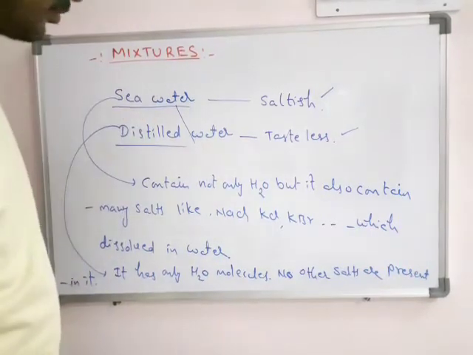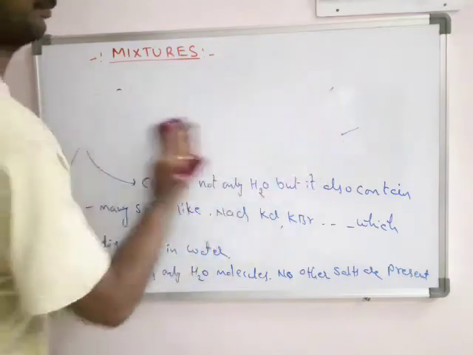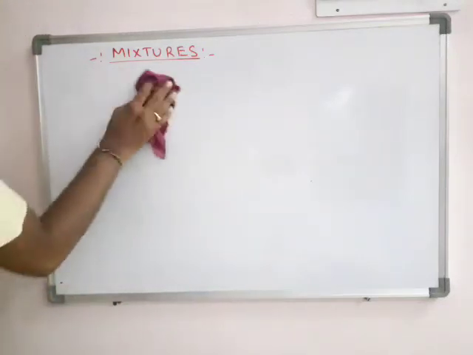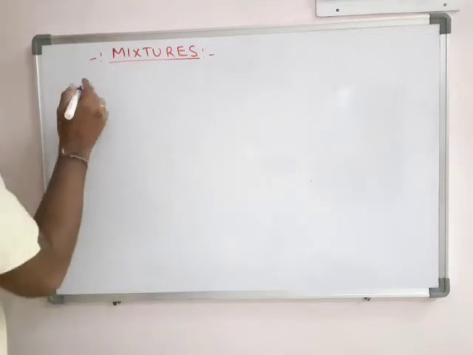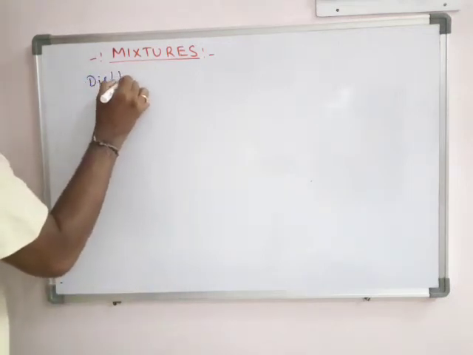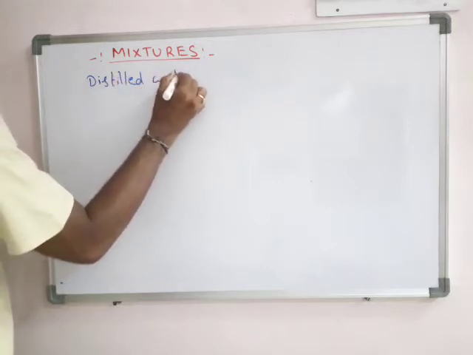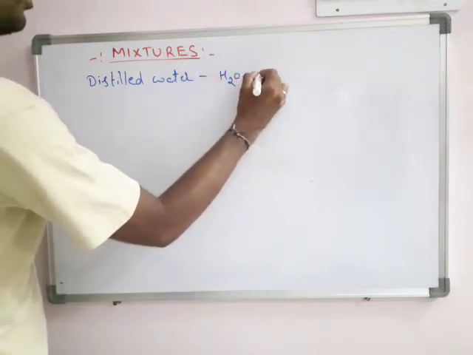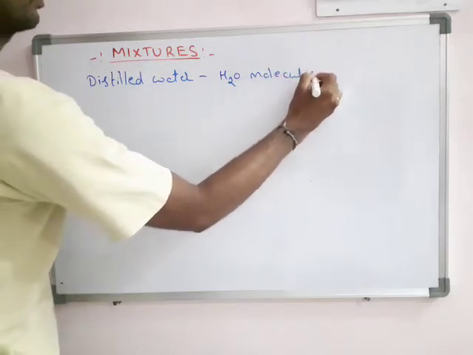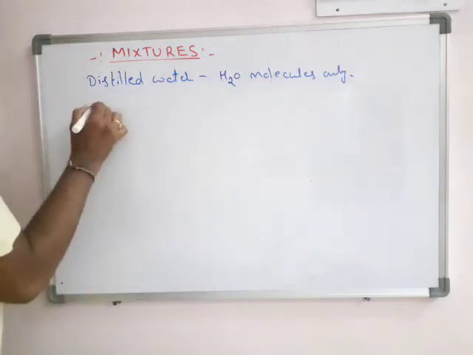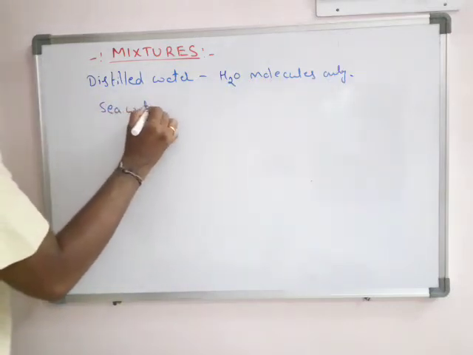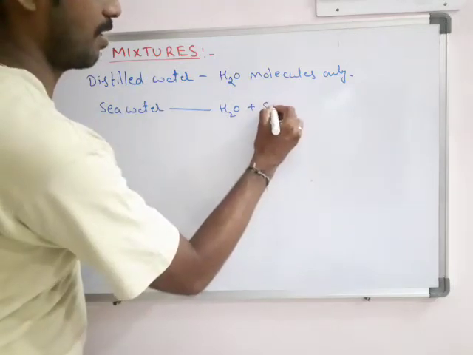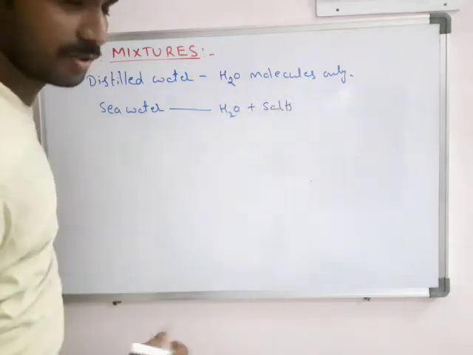Now you can write: distilled water has only H2O molecules, whereas seawater has H2O and contains many salts.